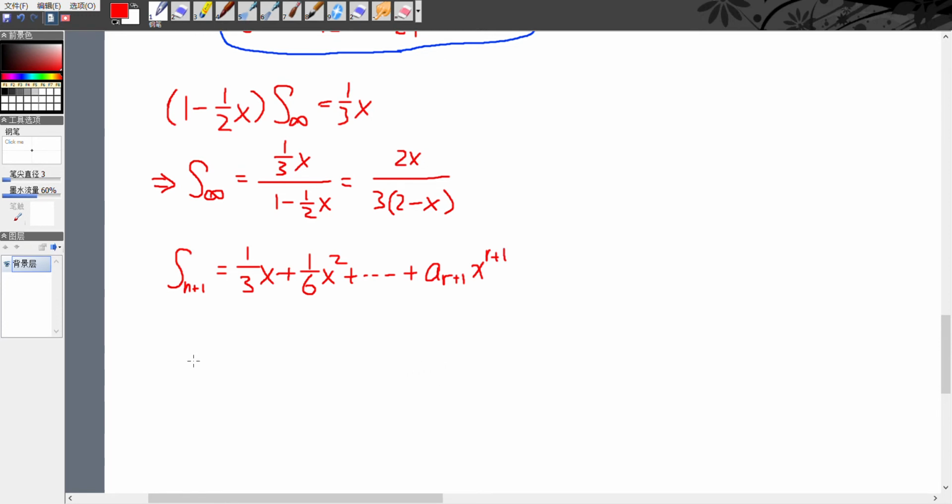So this is the sum that we are going to calculate.